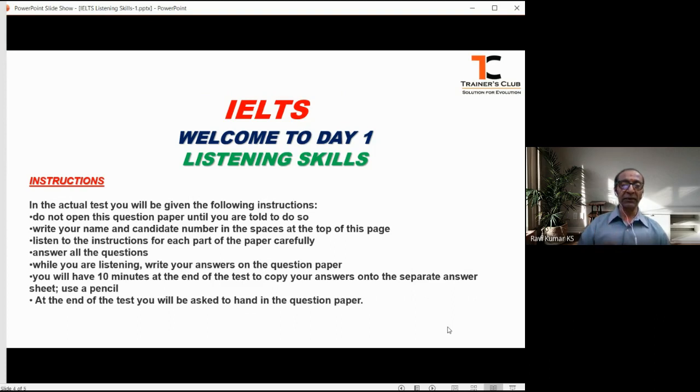While you are listening, write your answers on the question paper. When you are listening, you have the question paper in front of you. The audio will be played; listen carefully and write the answers on the question paper. Then you'll have 10 minutes at the end of the test to copy your answers onto the separate answer sheet.